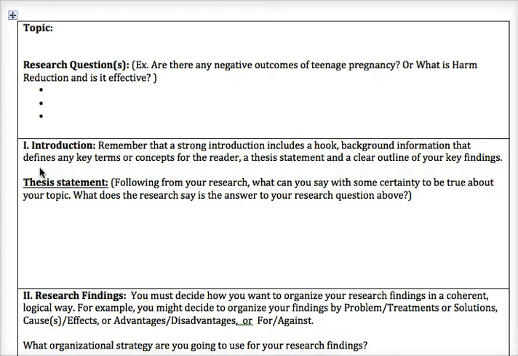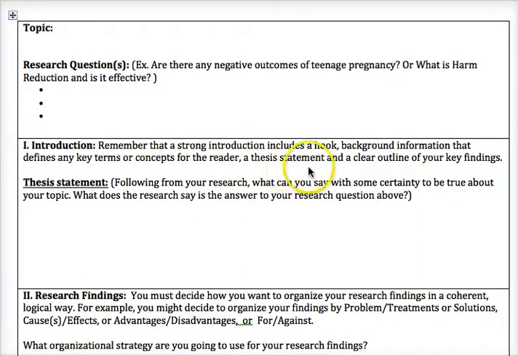So you could assume that your reader maybe has a little bit of information, but you want to make sure that any sort of larger concepts or ideas that are not common knowledge are introduced and defined. So imagine you're maybe discussing this topic with a family member and you have to sort of introduce it to them.